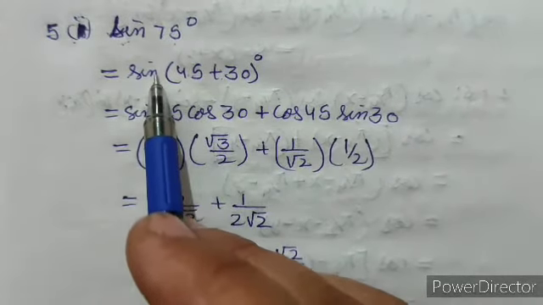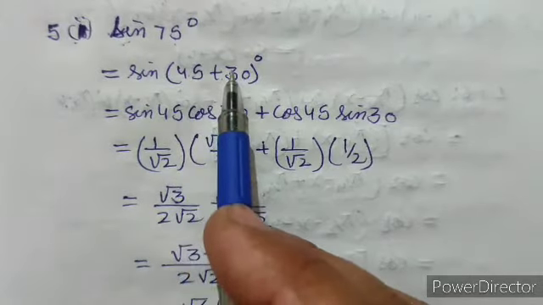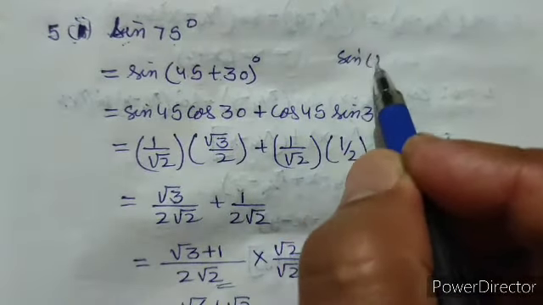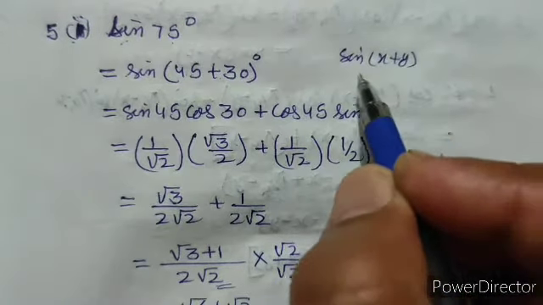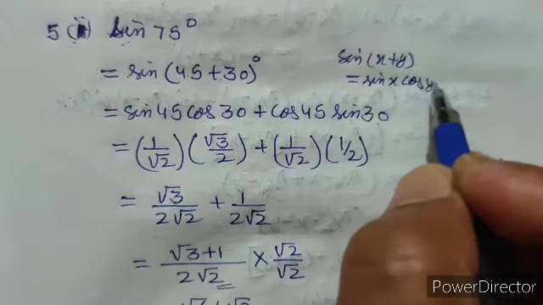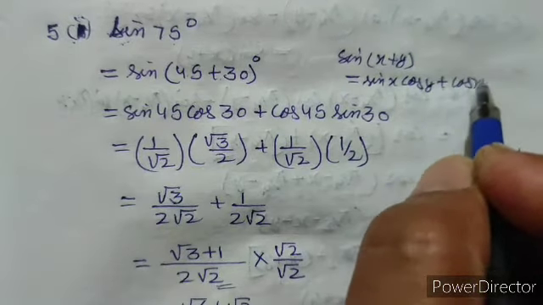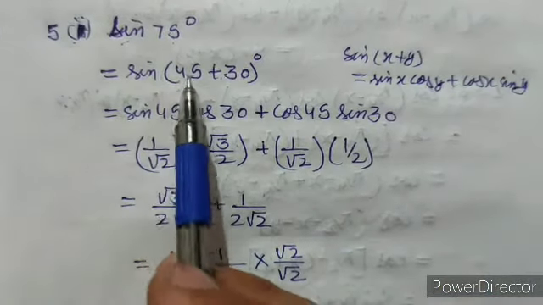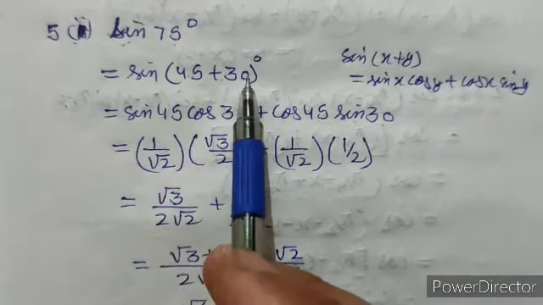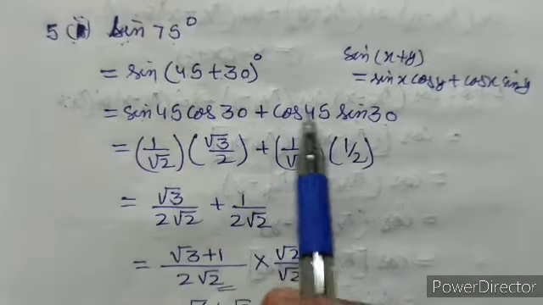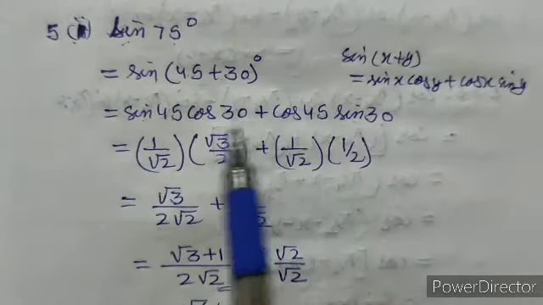Now formula for sin x plus y is equal to sin x cos y plus cos x sin y. So sin 45 plus 30 will be equal to sin 45 cos 30 plus cos 45 sin 30.